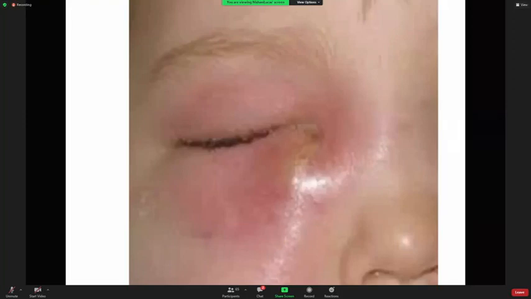But the other thing you need to know is newborns do have physiological eye discharge. In that case, the eye will not be swollen, the eye will not be red, the discharge will not be yellow. It will just look like tears, but the eye will look healthy, and that is due to blockage of the nasolacrimal duct.